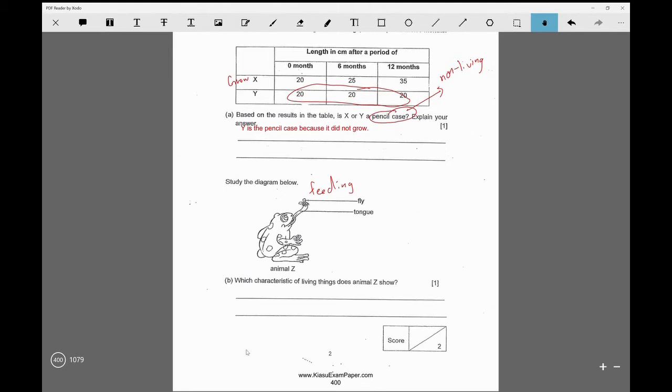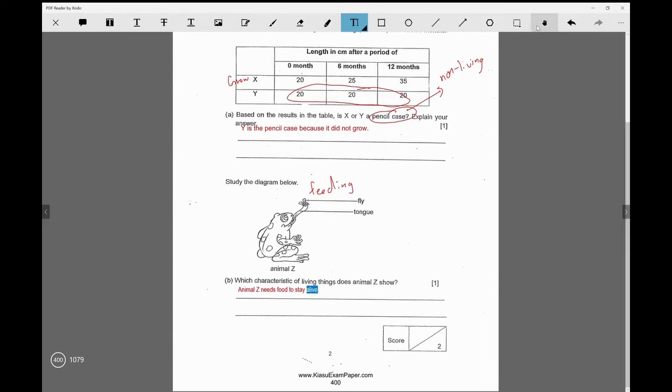It is feeding, so it's talking about food. You need to mention that animal Z needs food to stay alive. Or you can say needs food to survive, whichever. The keyword here is food. They need food because they need it to stay alive.